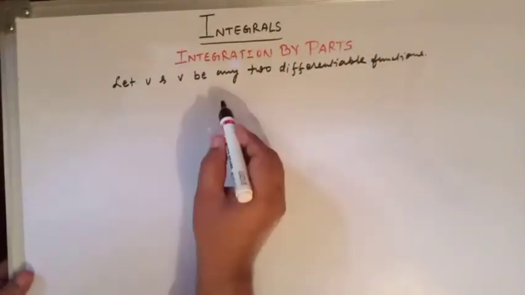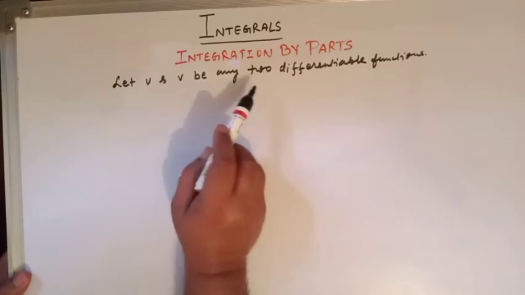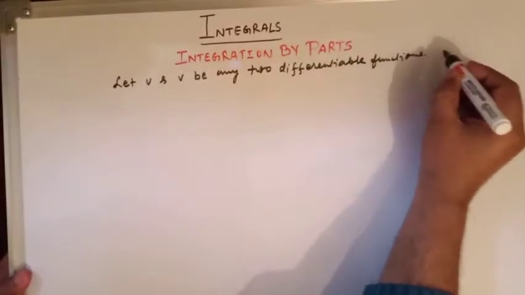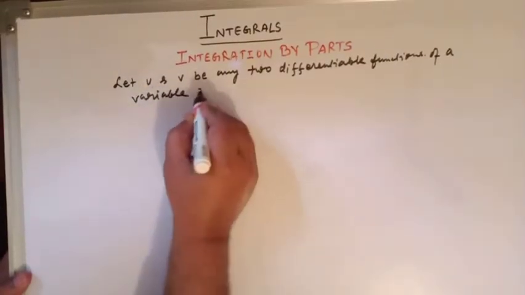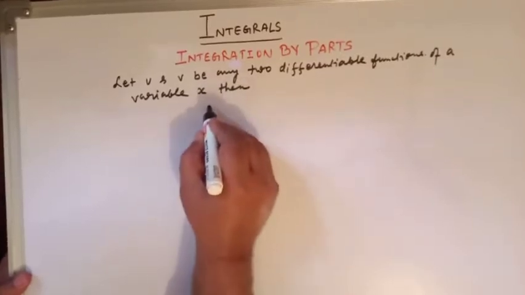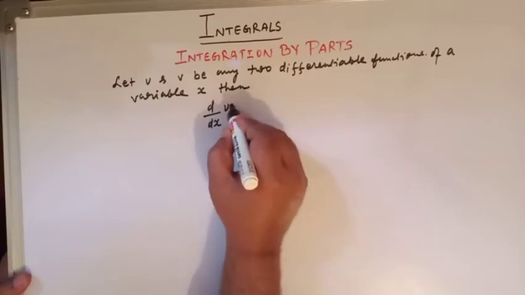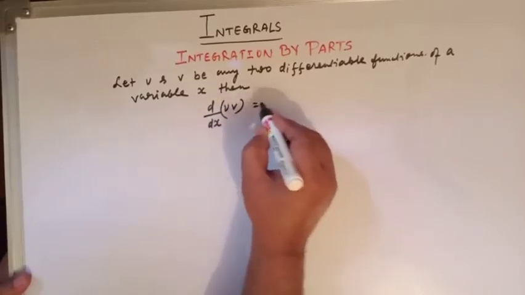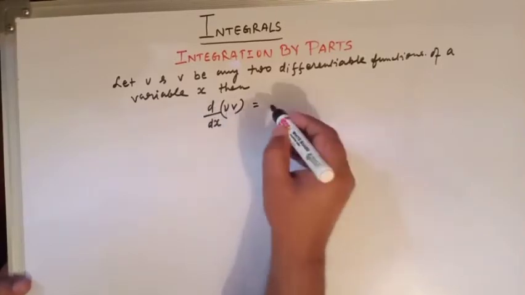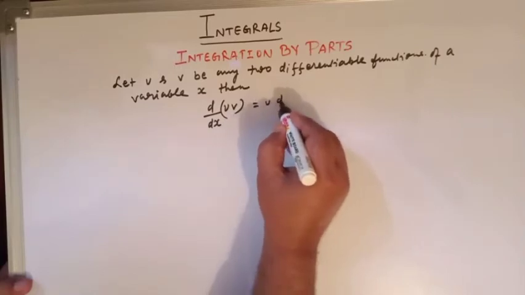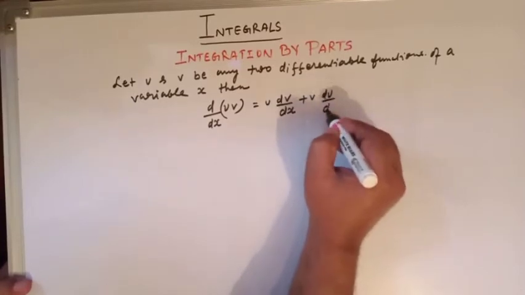So viewers, in our previous discussions we have seen that if u and v be any two differentiable functions of a variable x, then the product rule for finding the derivative of their product is given by d by dx of u multiplied by v is equal to u multiplied by dv over dx plus v du over dx.